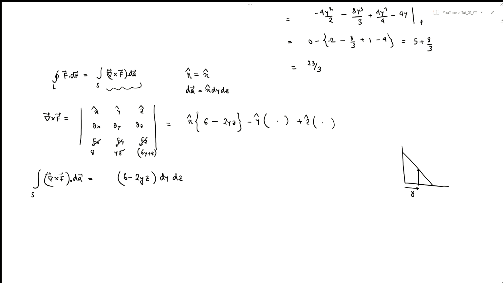But if you are somewhere else, your limit for z will start from the same place, but the ending is different. We have already found that the equation is z is equal to minus 2y plus 2. So your z limits actually depend on the y position you have chosen.